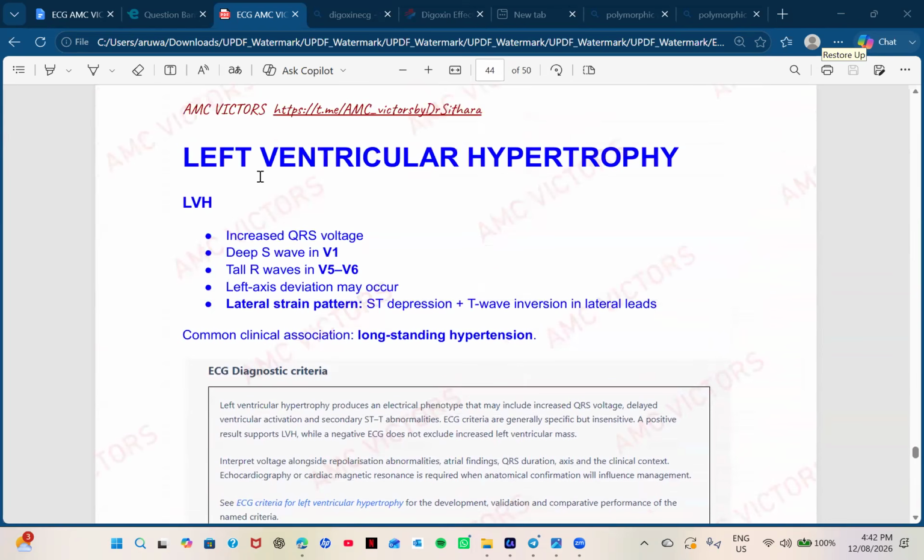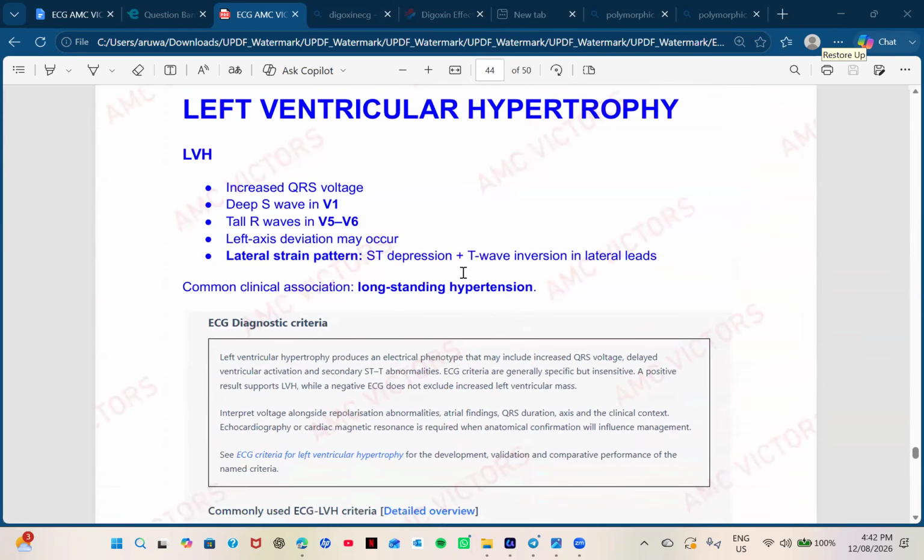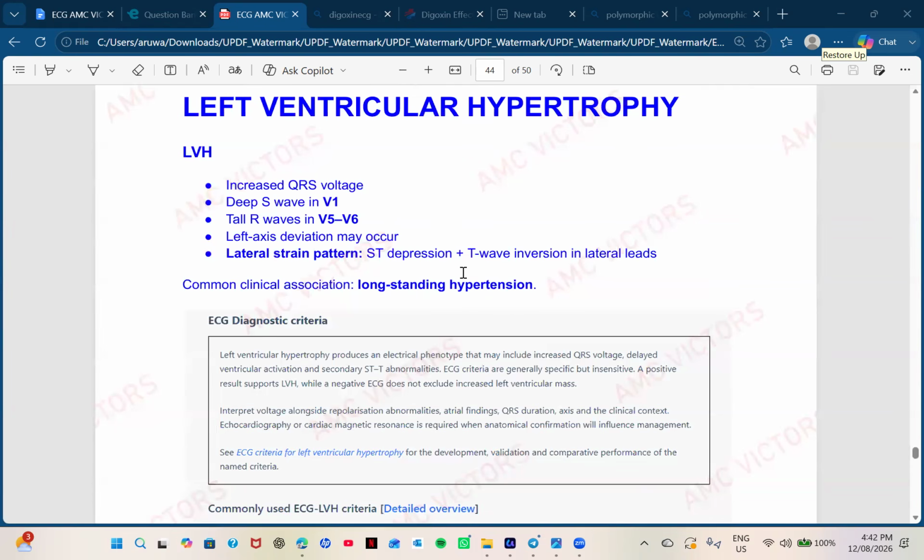In left ventricular hypertrophy, you can see increased QRS voltage, right? So what does voltage depend on, doctors? How do we check the voltage? It is shown by the height of the QRS complex, right? Height is what we are checking for voltage.